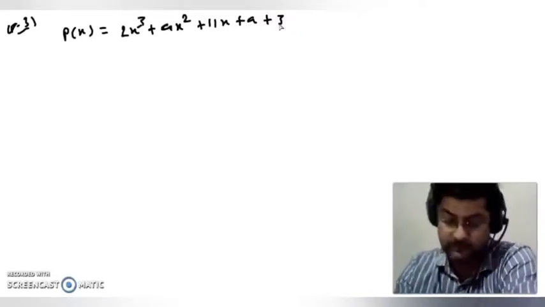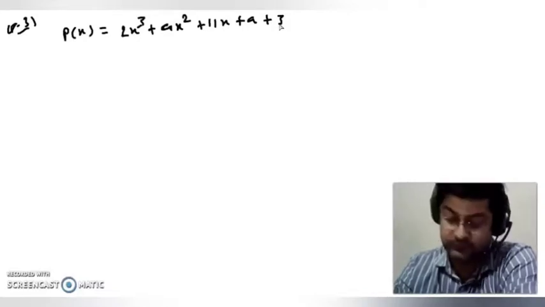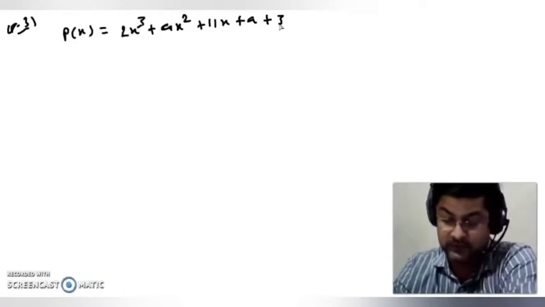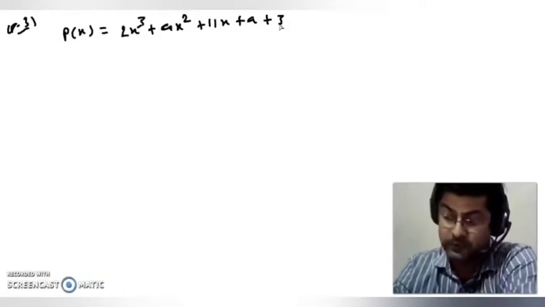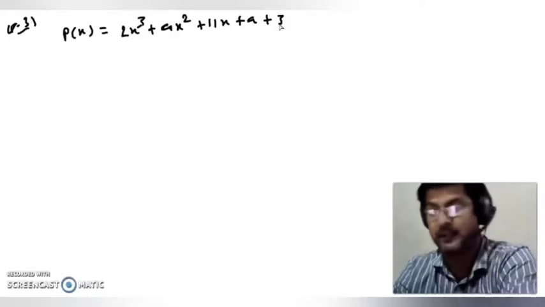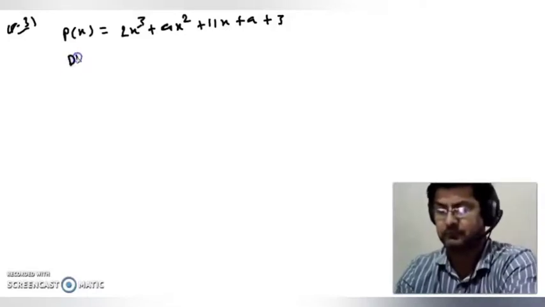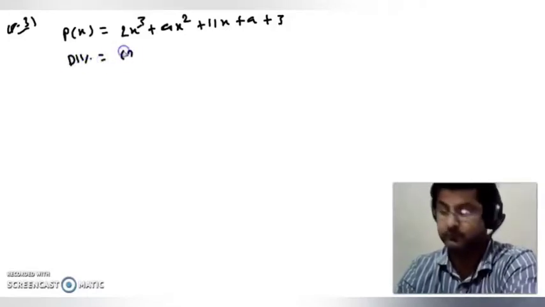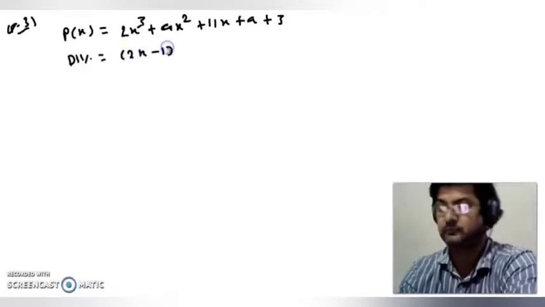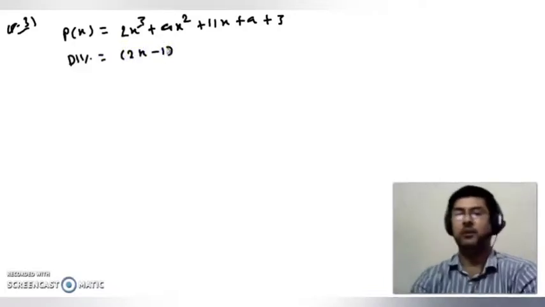Okay, now we have to find for what value of a the given polynomial P of x is exactly divisible by 2x minus 1.